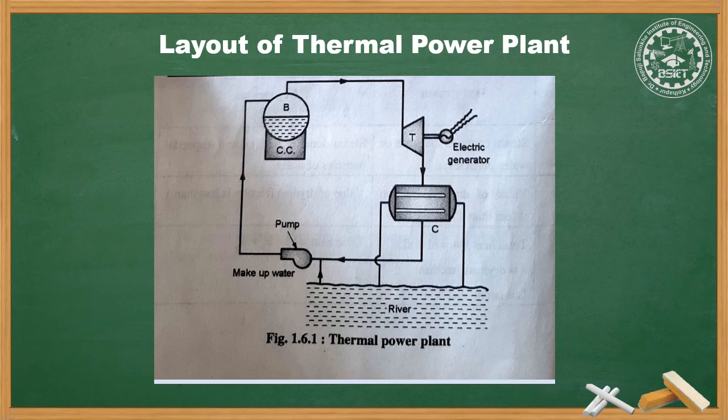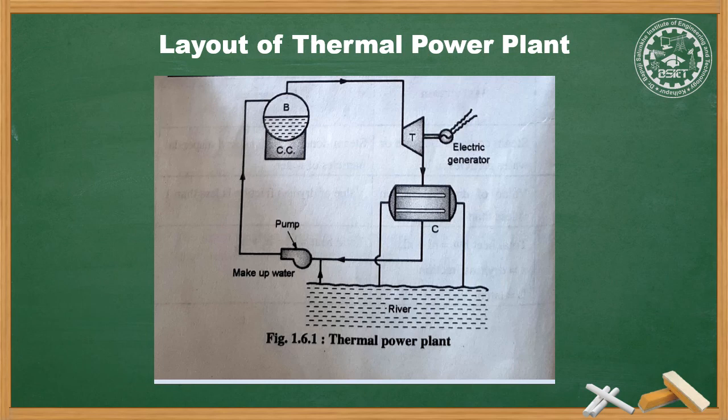In this power plant, the heat is evolved by burning the fuel in the combustion chamber, and the heat is used to generate steam from water in the boiler. The high pressure steam is passed through the steam turbine, where it impinges on the turbine blades, causing expansion and reducing the pressure.